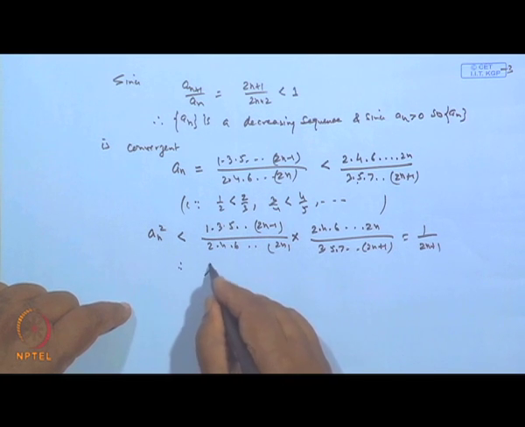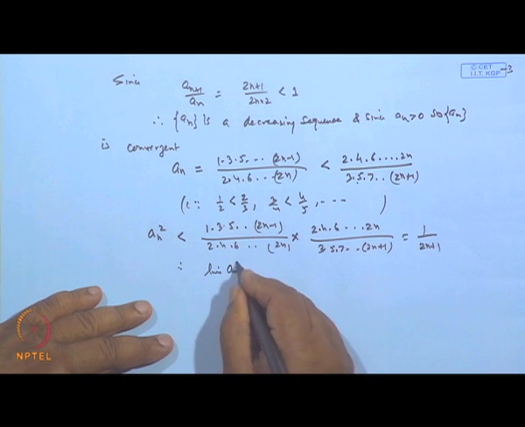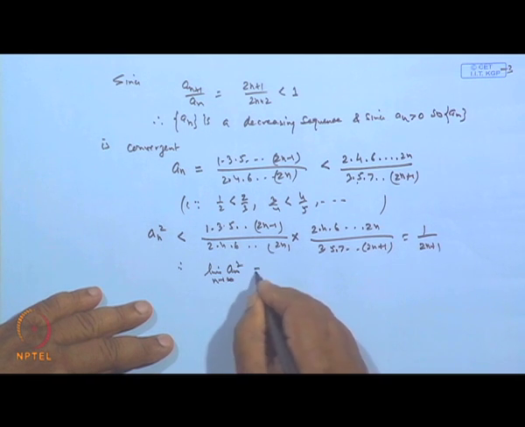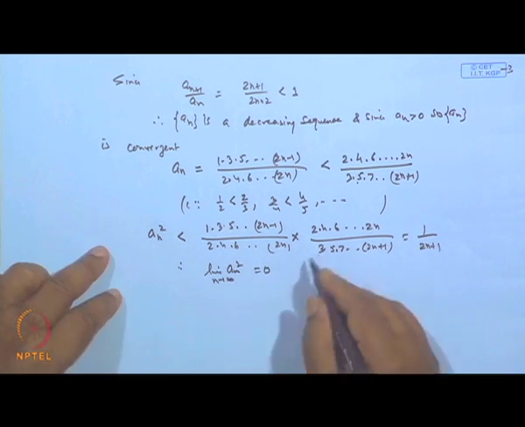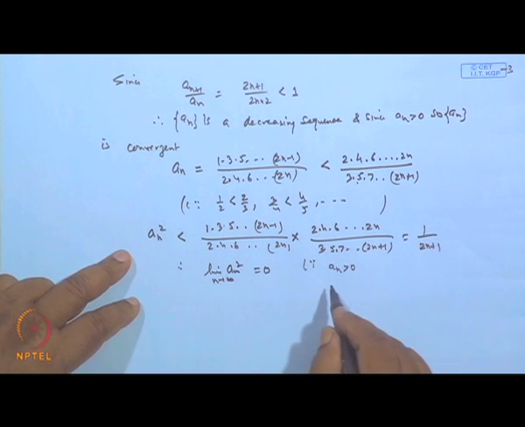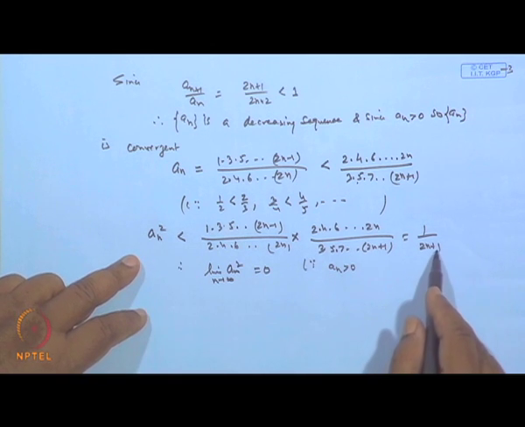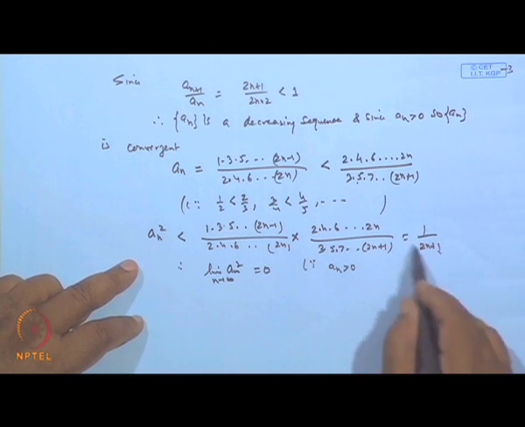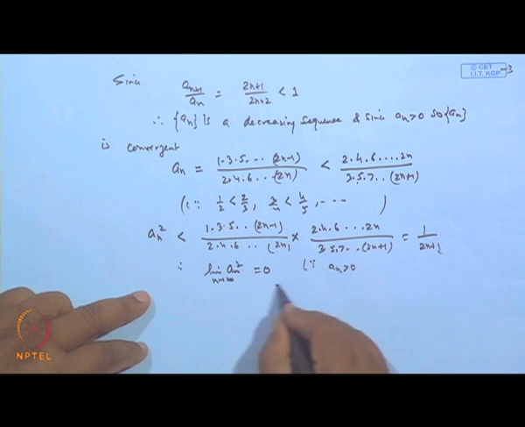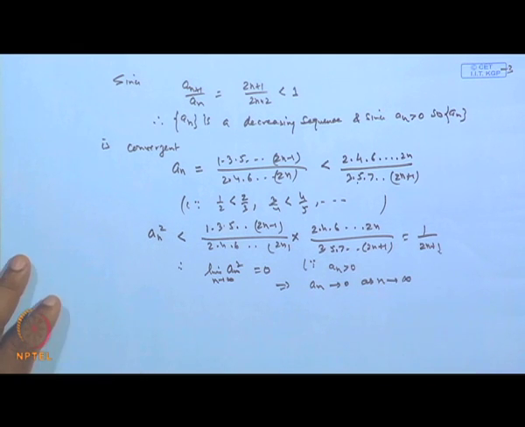Therefore, the limit of a n square is tending to 0, because a n's are positive. So the limit cannot go negative, it can go at the most 0, and a n square is less than this. As n is sufficiently large, the limit is tending to 0. So it means the limit of a n must go to 0 as n tends to infinity. So that will be the answer for this. Okay. So this is what.